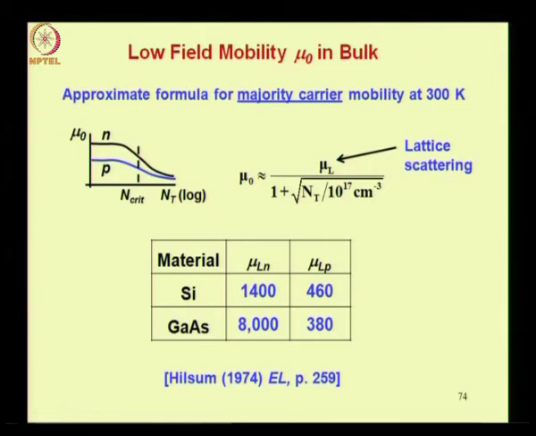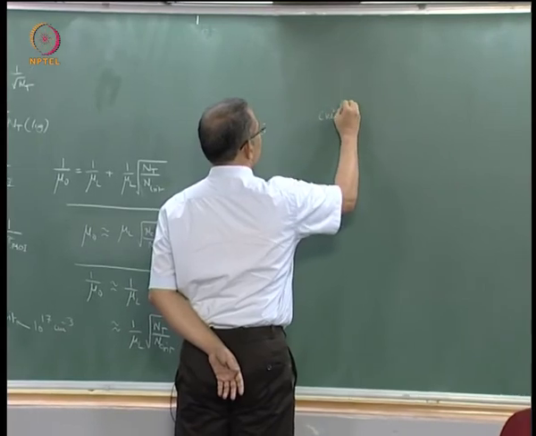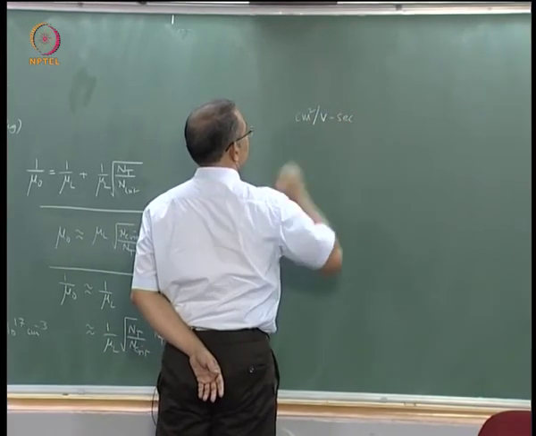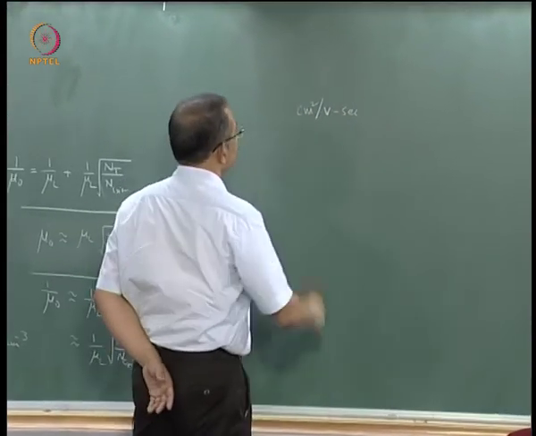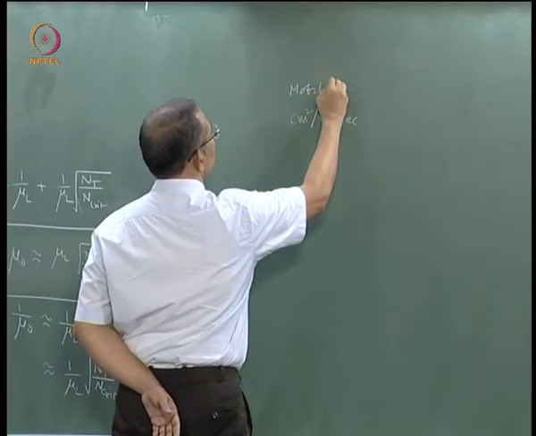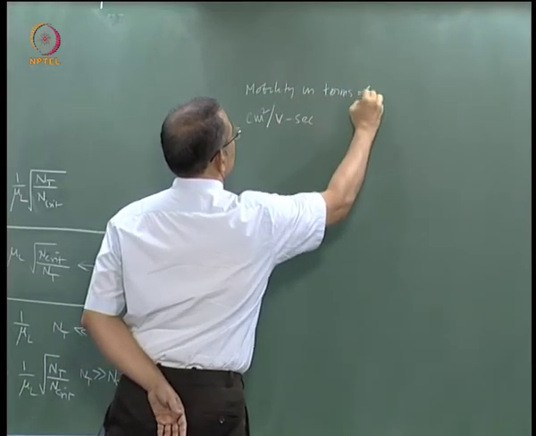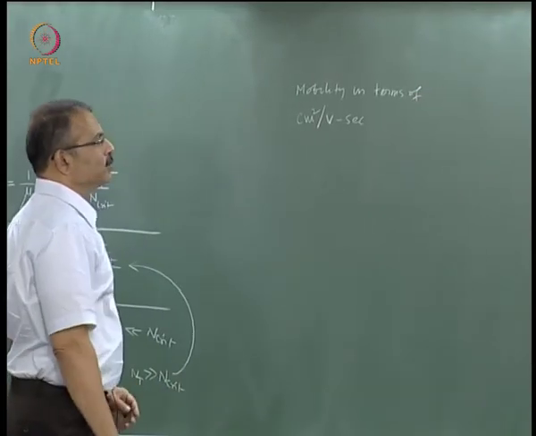That unit, please note, it is centimeter square per volt second. That is not put on the slide. So the unit of mobility is, the values given are in terms of centimeter square per volt second.